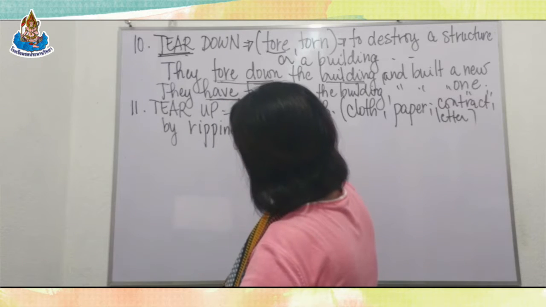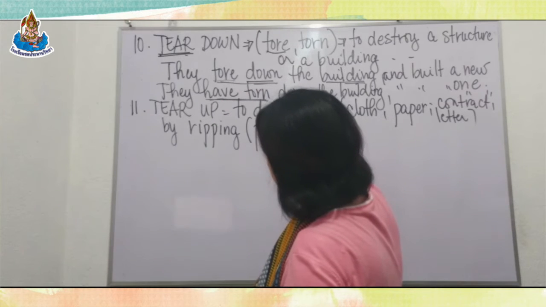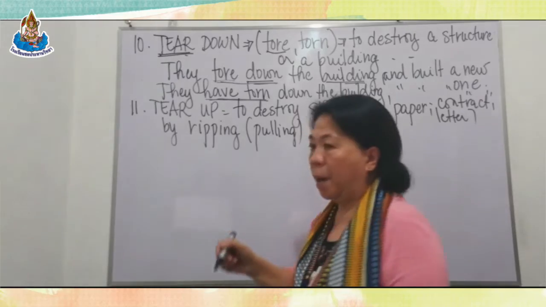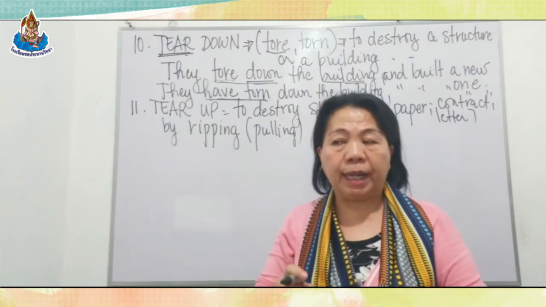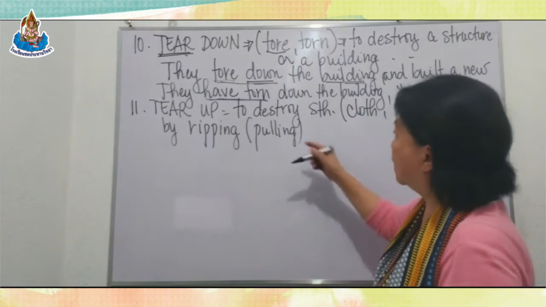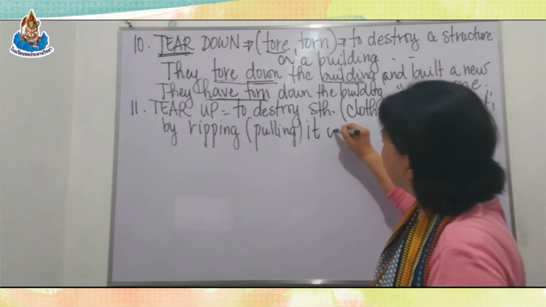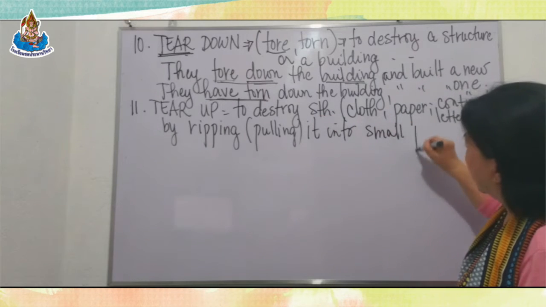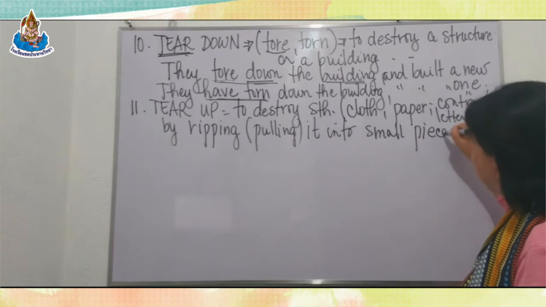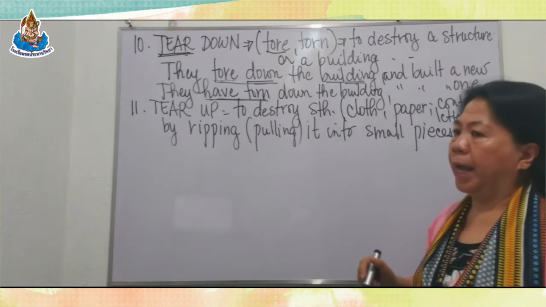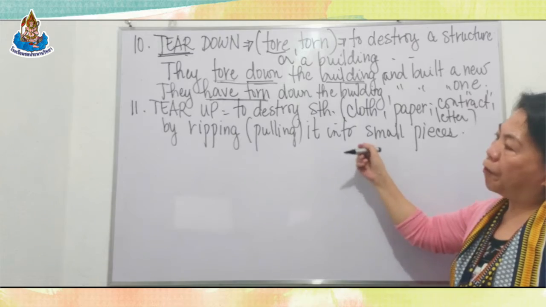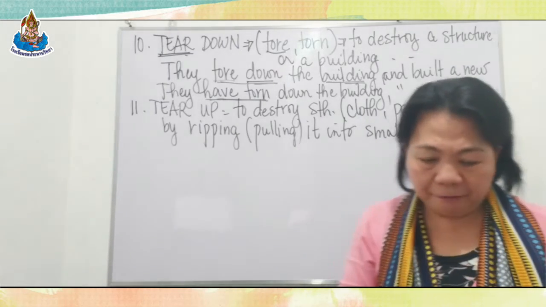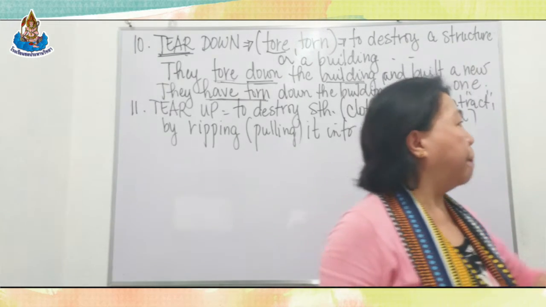When we say ripping, it means by pulling. By pulling it into small pieces. For example, I have here a piece of paper.